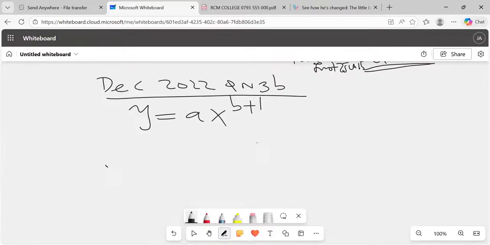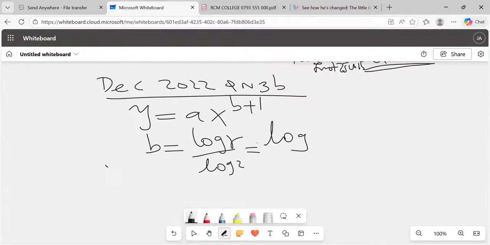Now, ladies and gentlemen, we know the index is b, which will be log r divided by log 2. So what is the learning rate here? I'm alone. What is the learning rate here? 0.8, all over log 2.